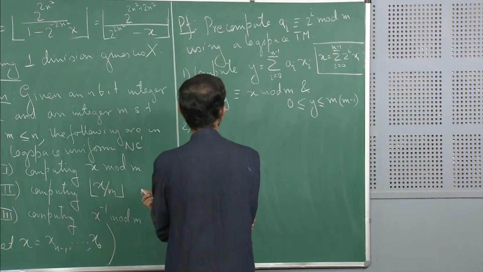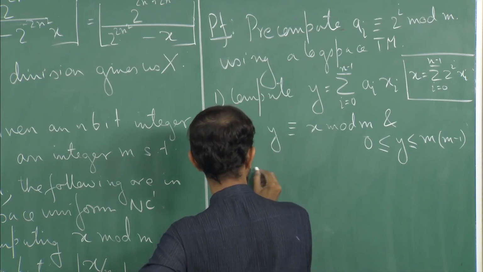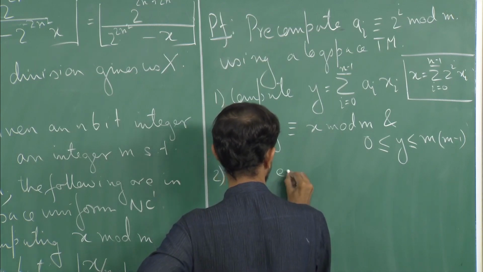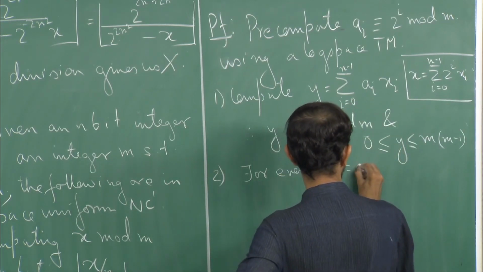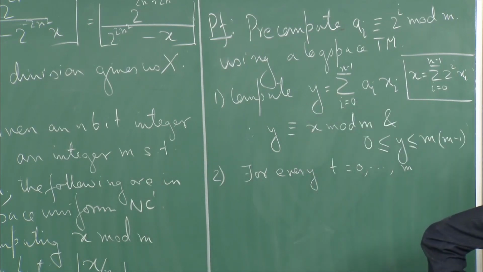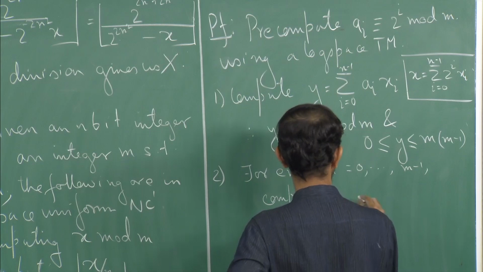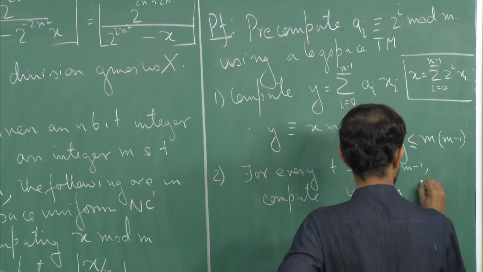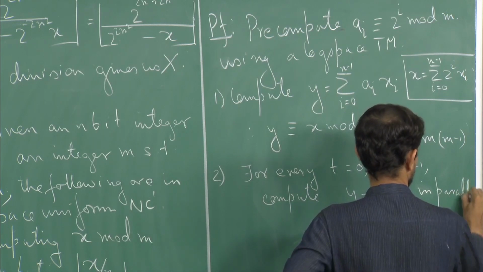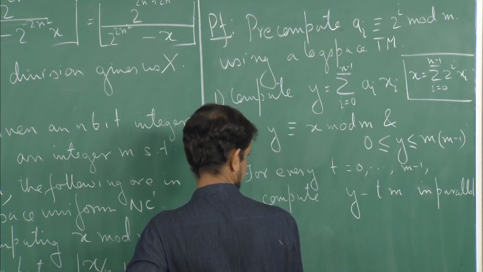So, now what we do is, for every t from 0 up to, how long do I want to go, m minus 1, compute y minus t m in parallel, and what do I want to output?